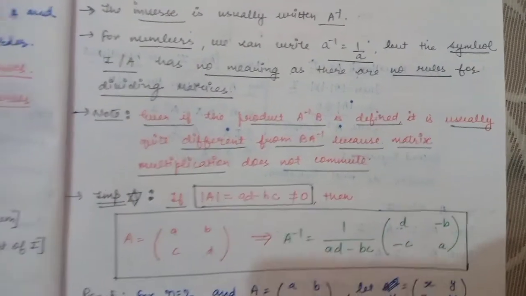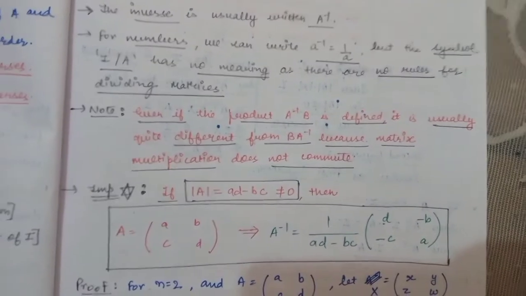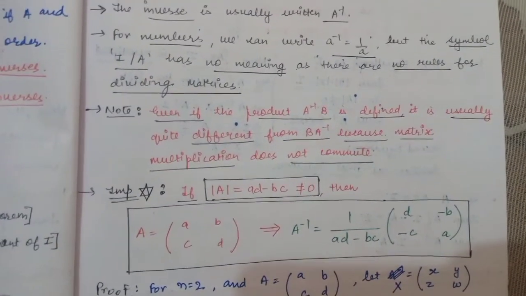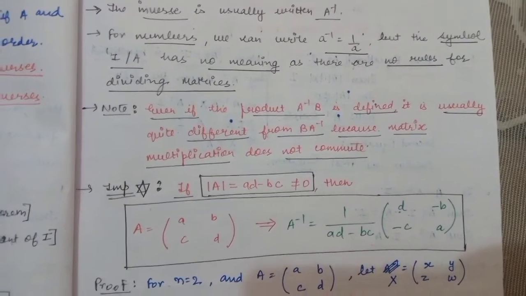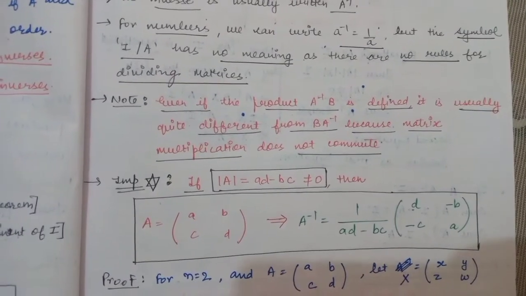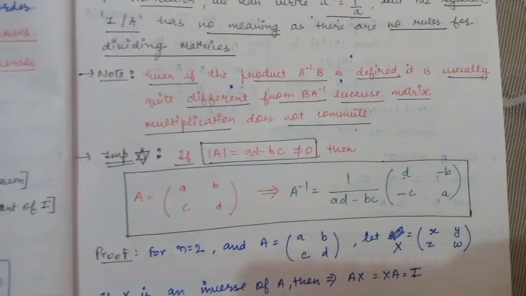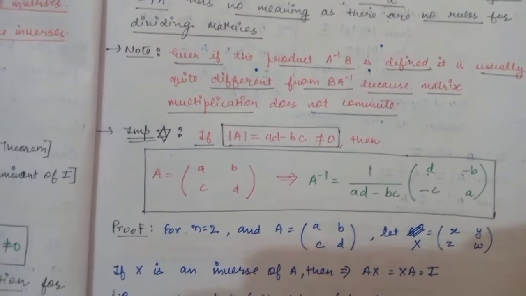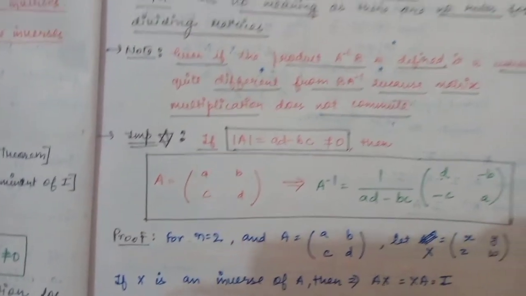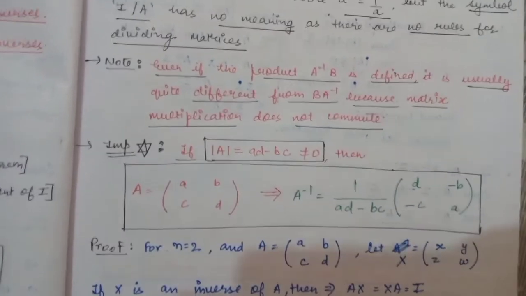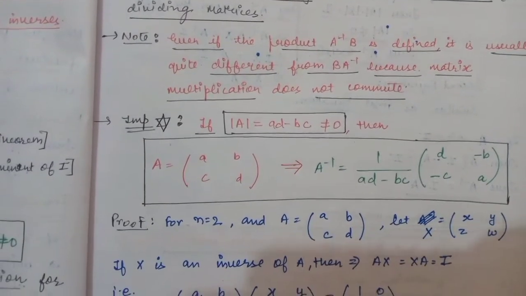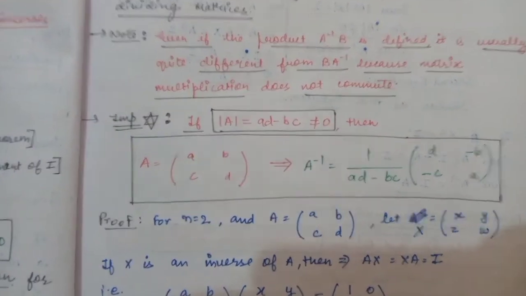Now we have an important note that if the product A inverse B is defined, it is usually quite different from B A inverse because matrix multiplication is not commutative. Now to find the inverse, suppose we have a matrix A as defined here, then determinant of A is AD minus BC. That is, determinant of A should be not equal to 0.